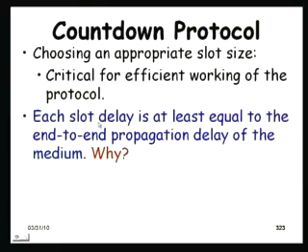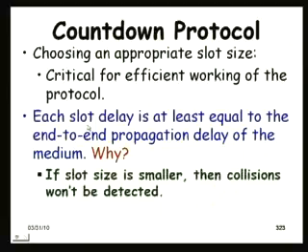If it is less than the propagation time, then there may be nodes trying to transmit where the collision will not be detected. So, it will not be possible to determine the actual priority value. Here actually the terminology is not correct, it is not slot delay, it is the arbitration interval, which should be at least equal to the end-to-end propagation delay of the medium.